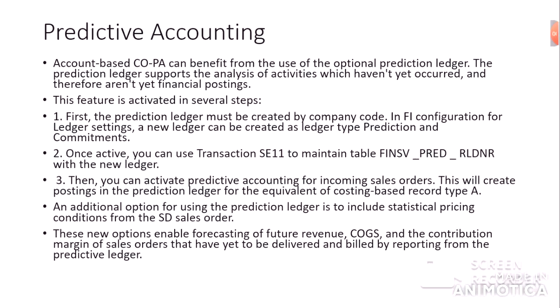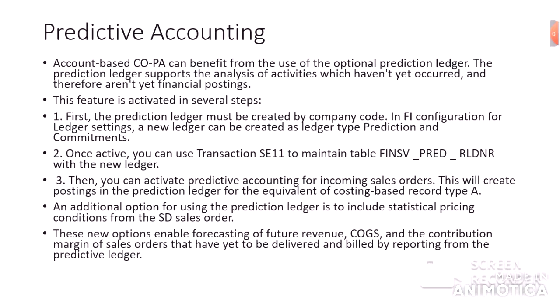First, the prediction ledger must be created by company code in FI configuration. For ledger settings, a new ledger can be created as ledger type prediction and commitments. Once active, you can use transaction SE11 to maintain table FINSV_PRD_LDNR with the new ledger.